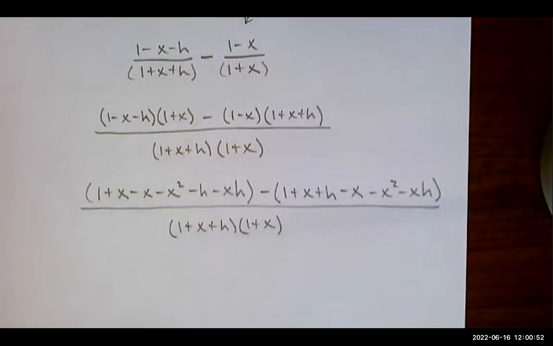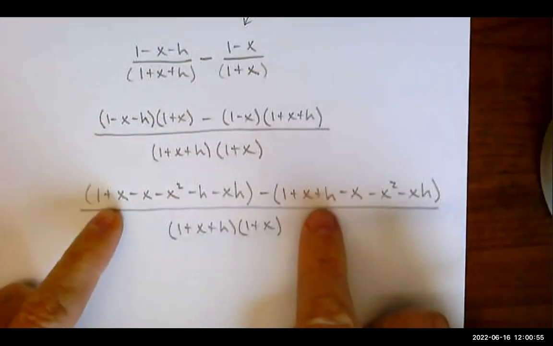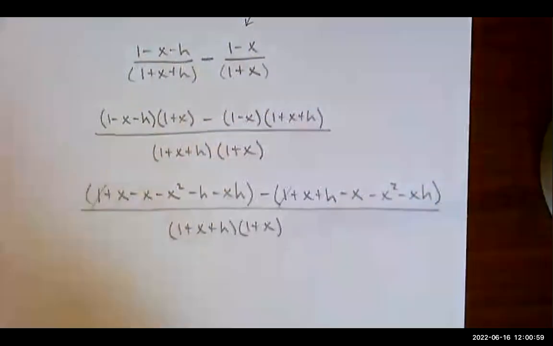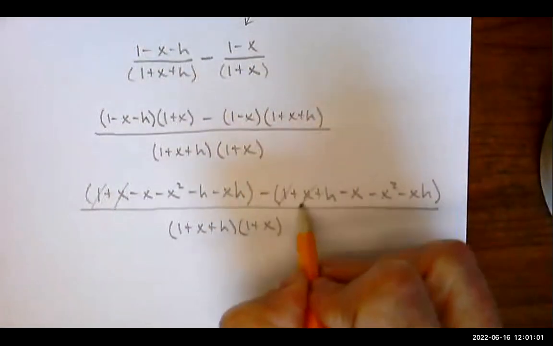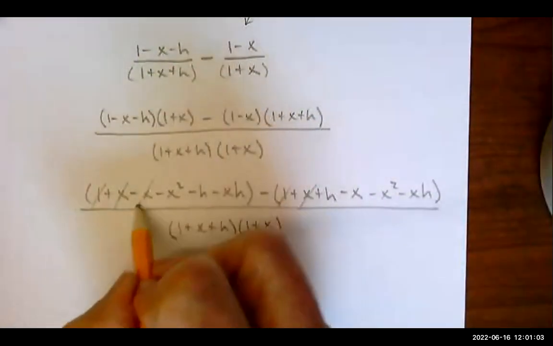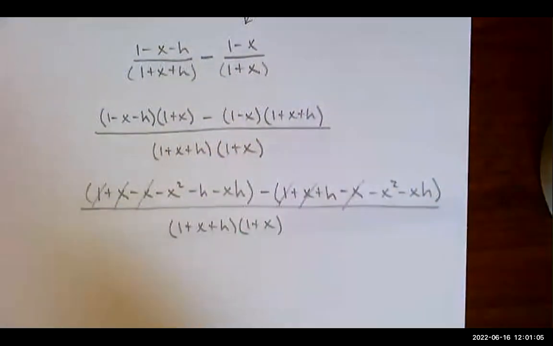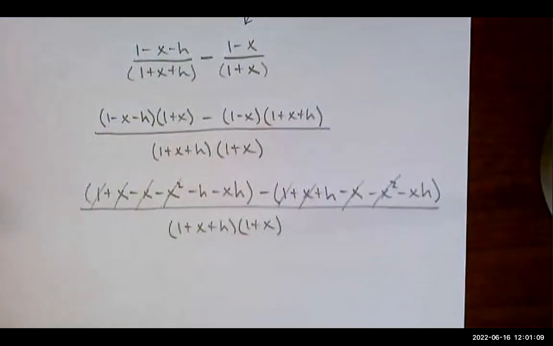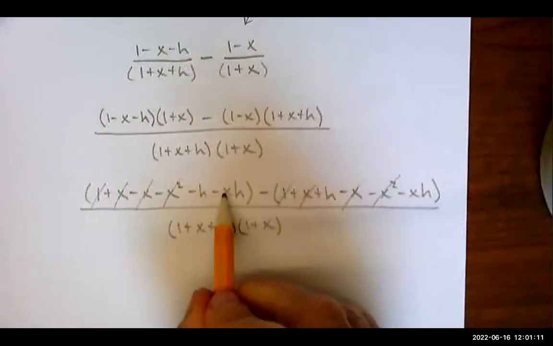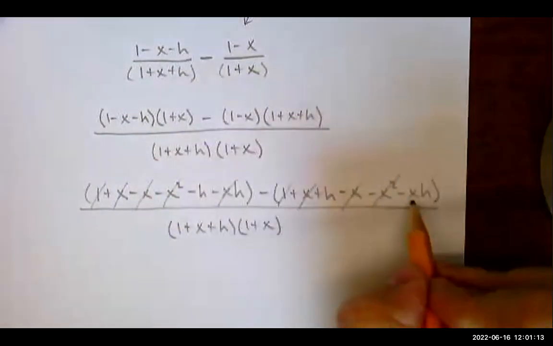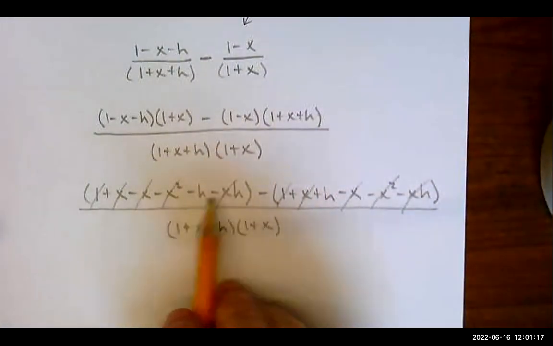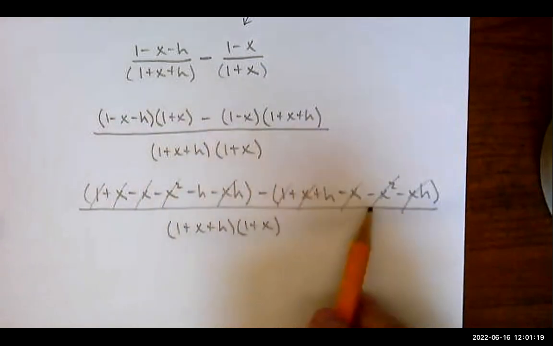I think it's going to clean up really well. We're going to be able to see the cancellation. 1 minus 1, x minus x, negative x minus negative x, squared minus negative x squared. That's all gone. Even negative xh minus negative xh. The h's don't cancel because this one's negative, this one's positive.